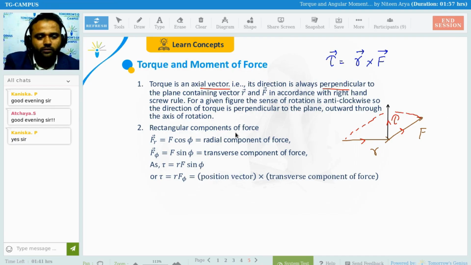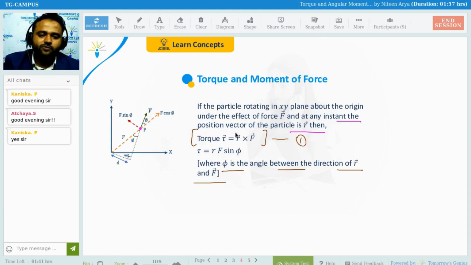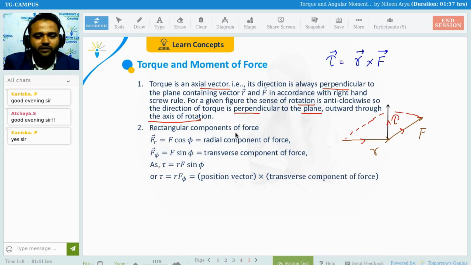With the right hand screw rule, as we already discussed, for a given figure the sense of rotation is anti-clockwise, so the direction of torque is perpendicular to the plane, outward through the axis of rotation. This is from the figure on the previous page. Okay, clear? Good.